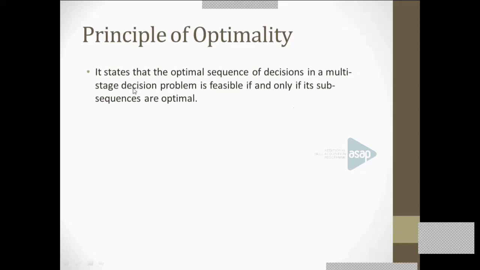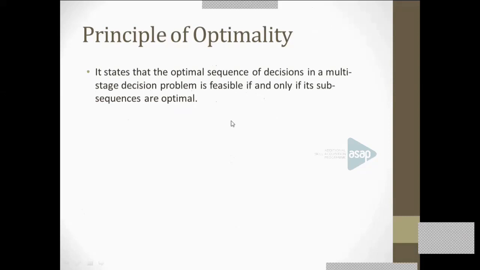Okay. Then the principle of optimality states that an optimal sequence of decisions, because this is a bottom-up approach, we will be dividing the complex problems into sub-problems, and we need to take a decision at each step. Okay, then what we have to do? These decisions at each step will be leading to a final global optimal solution.